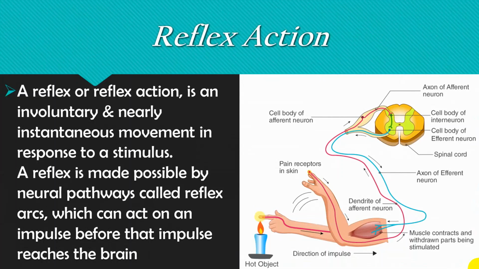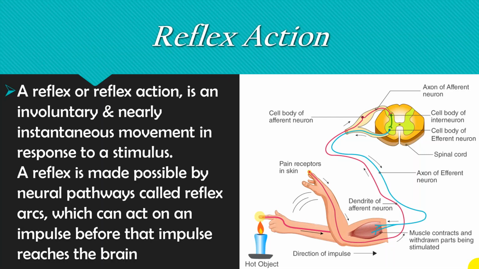Look at the picture. How reflex action works is given elaborately. First, let's read and understand the reflex action. A reflex or reflex action is an involuntary and nearly instantaneous movement in response to a stimulus.